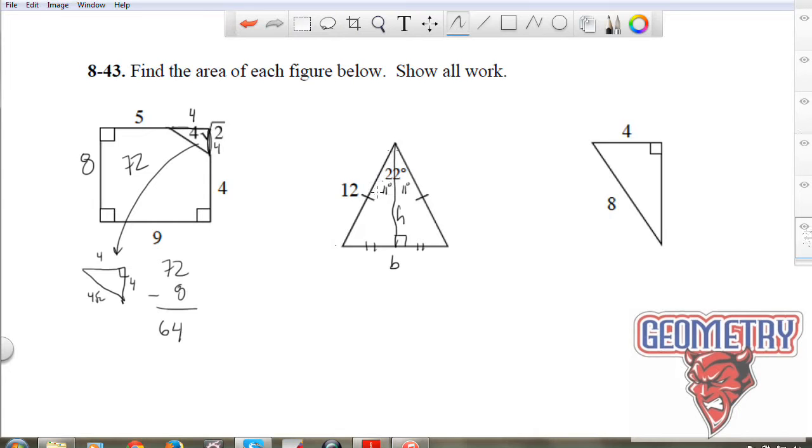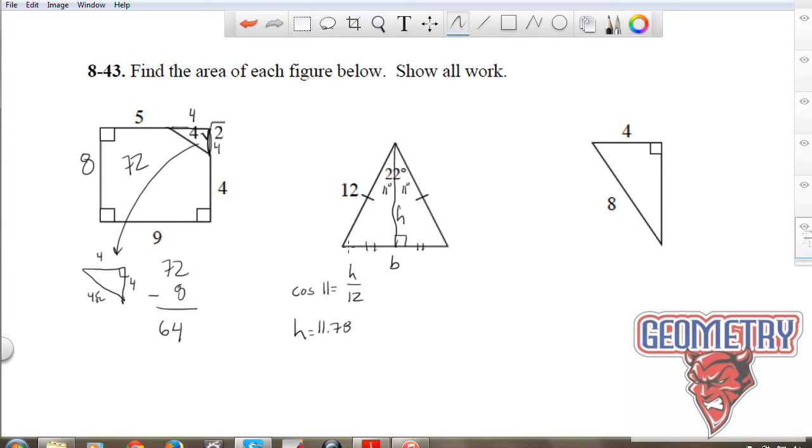I'm going to use this 11 degrees here, so this is the adjacent side, so I can say the cosine of 11 degrees equals h over 12. So I plug that in our calculator, cosine of 11 times 12, and we get the height to be 11.78.